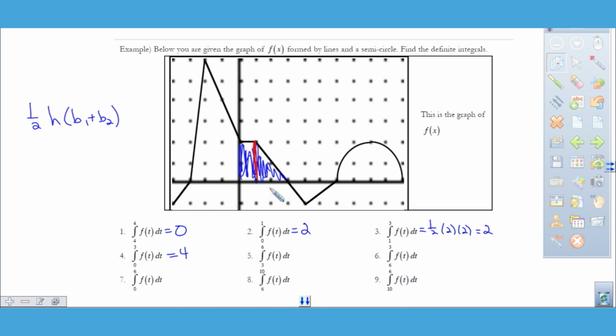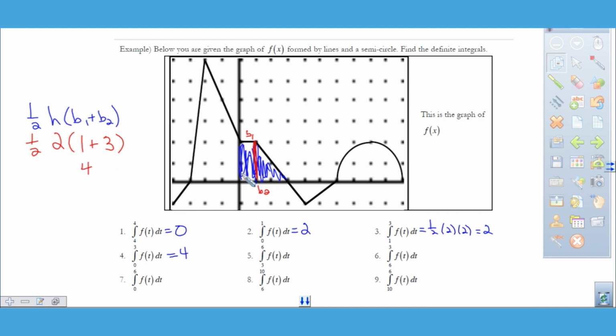That's your height, right? And so that is 2. And your bases added together, this is base 1, this is base 2, base 1 is a distance of 1, base 2 is 1, 2, 3, and multiply that times 1/2, and guess what we get? Oh my gosh, it's 4.